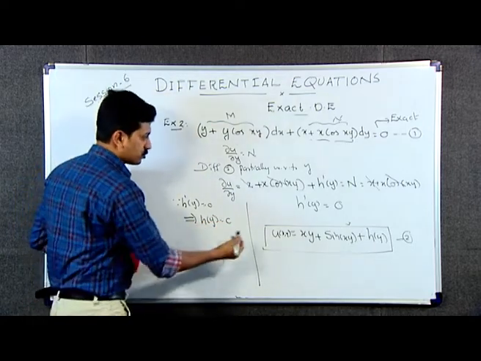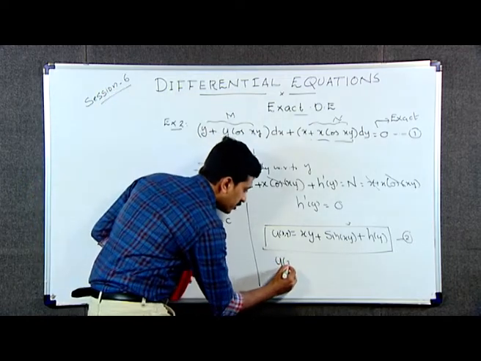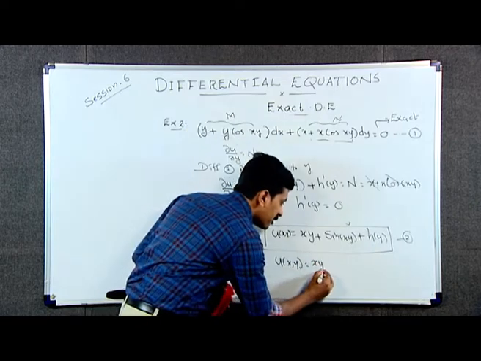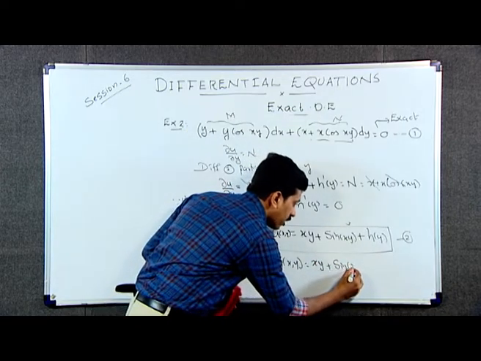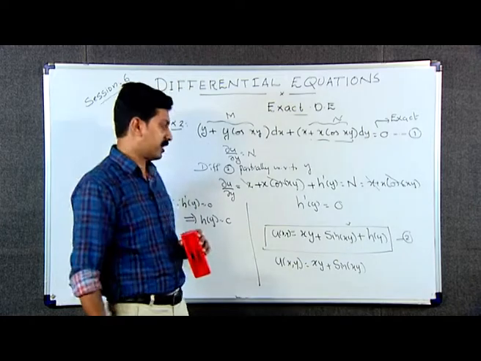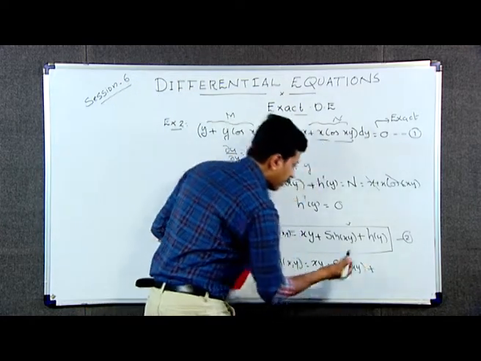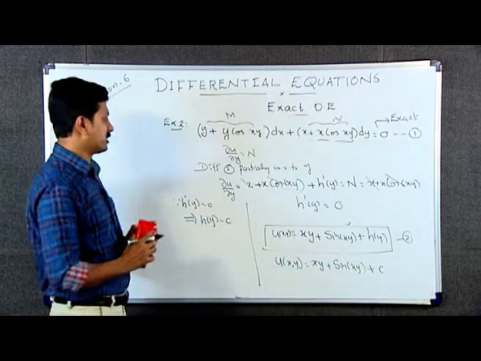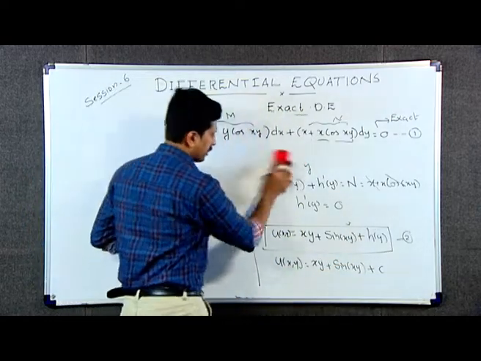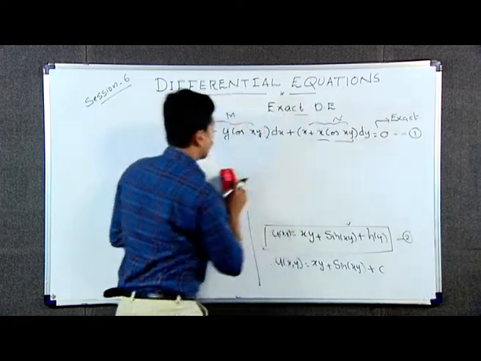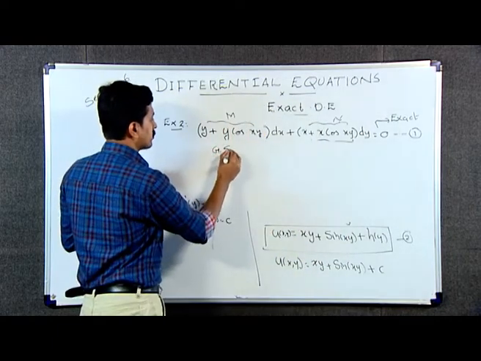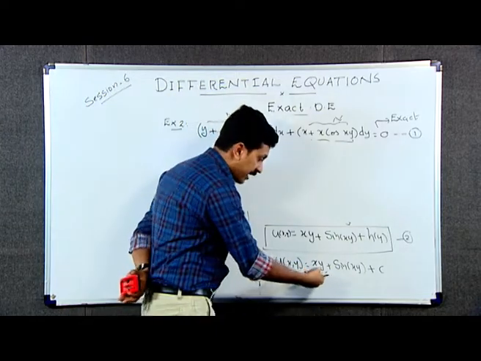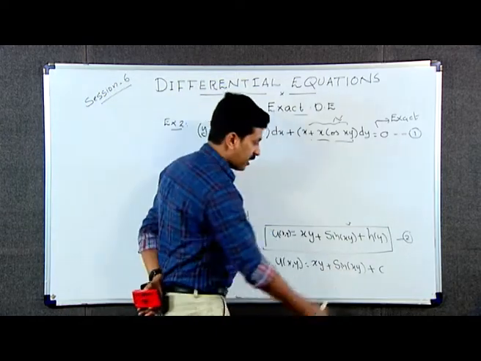So, we can put this in 2. Our solution is u(x,y) equal to xy plus sin(xy) plus h(y), which means plus c. Therefore, as we did earlier, the general solution involves only xy and sin(xy), plus c.